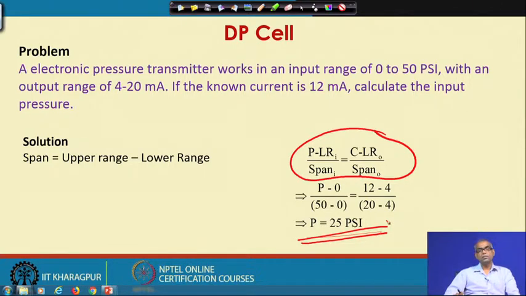One thing which is not directly related to this numerical problem I would like to point out is, see that we are saying that 0 psi pressure is connected to 4 milliampere and 50 psi is related to 20 milliampere.